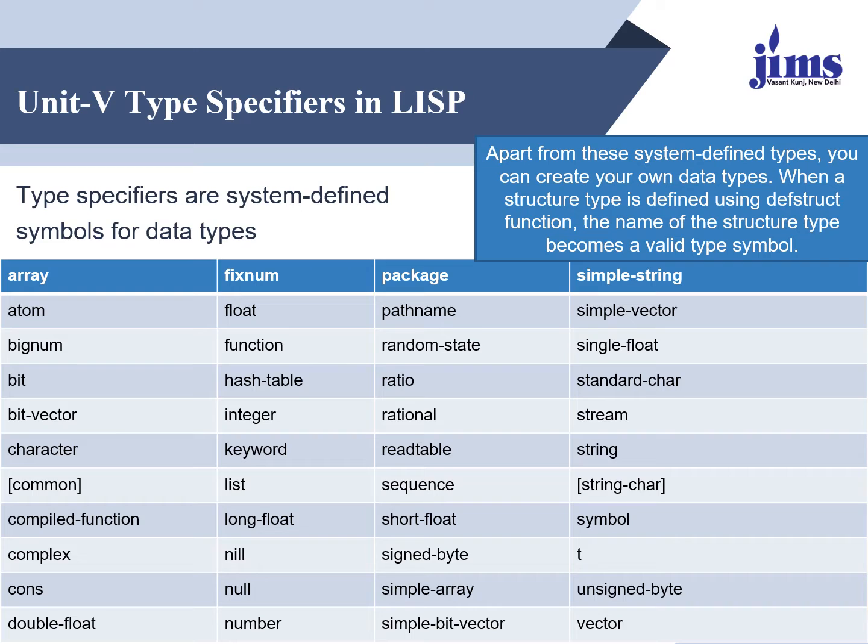First of all, we talk about the type specifiers in Lisp. So type specifiers are system defined symbols for data type, and apart from these system defined data types, you can create your own data type also. When a structure type is defined using the defstruct function, the name of the structure type becomes a valid type symbol.